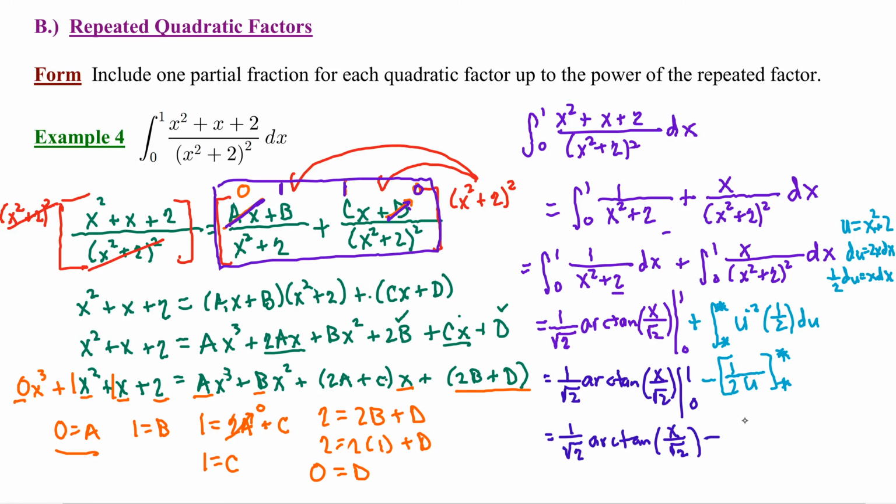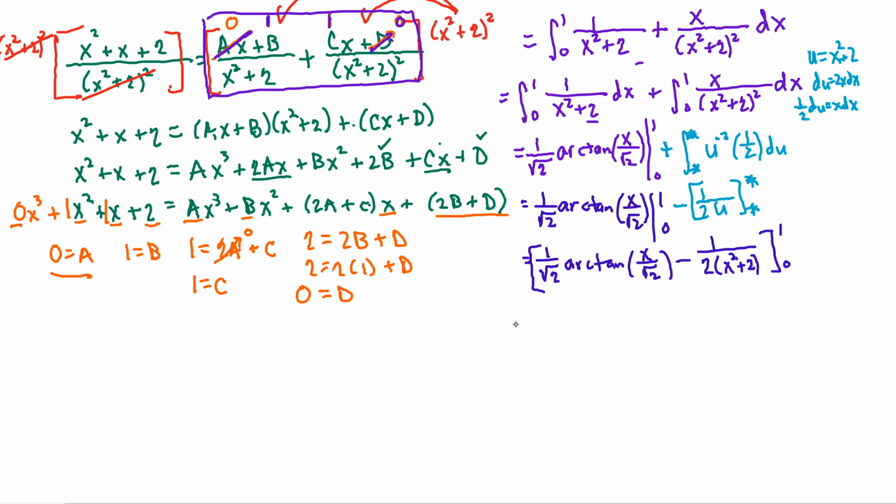Now we have -1 over 2 times our original u, which was x squared plus 2. Now that everything's in terms of x, we can go ahead and apply our limits of integration to the entire expression. So plugging in first our upper limit of 1, we have 1 over the square root of 2 times arctangent of 1 over the square root of 2.